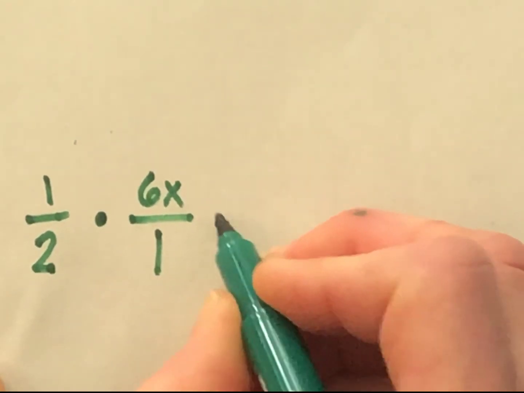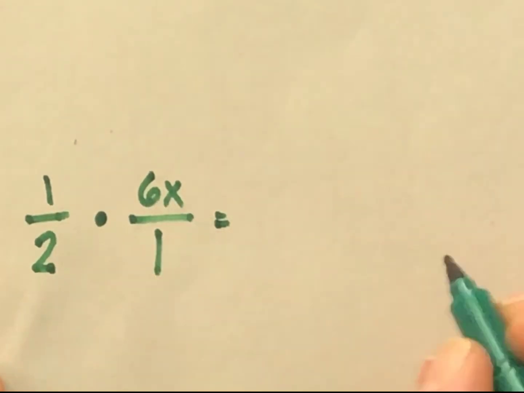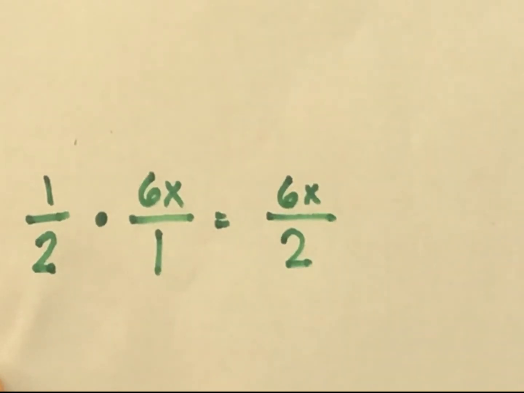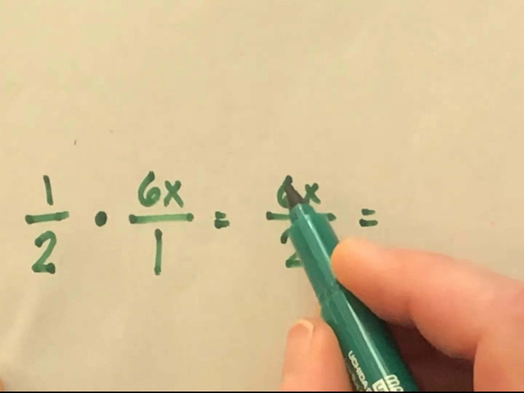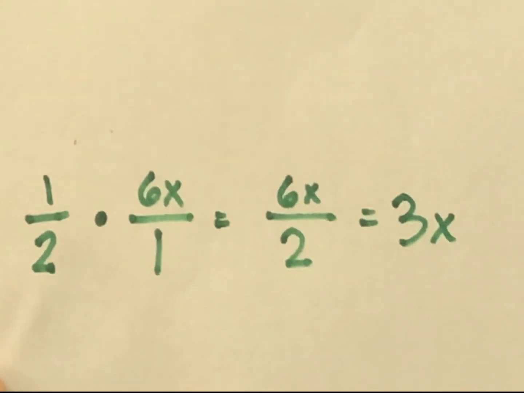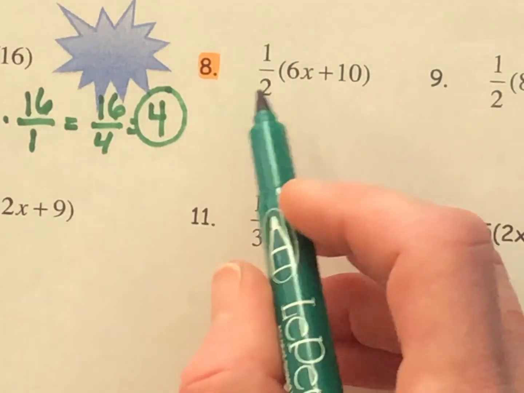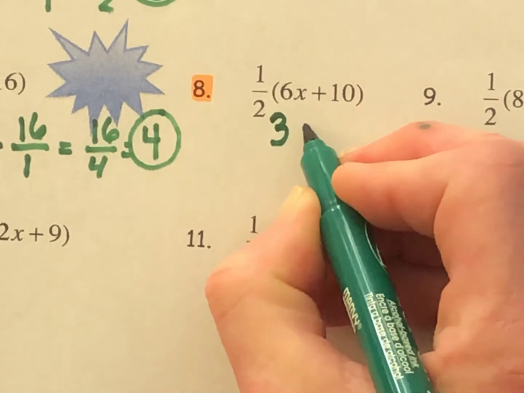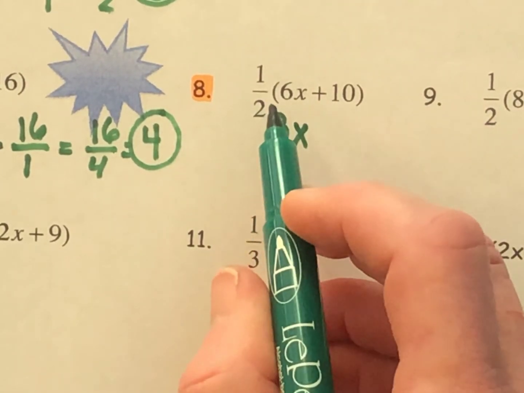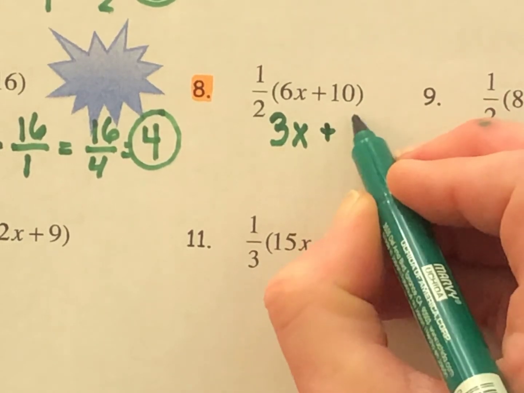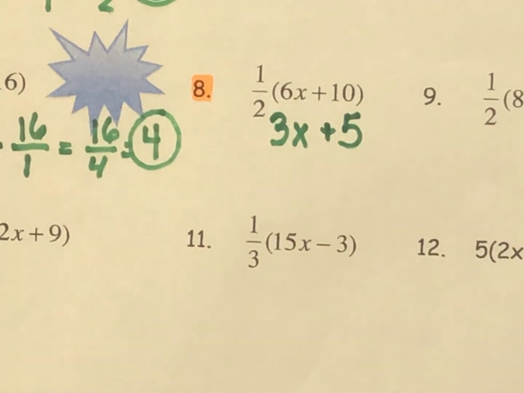Well, that would give me, multiply across, 6x over 2. That becomes 3x. So, what's 1/2 of 6x? 3x. What's 1/2 of positive 10? Positive 5.